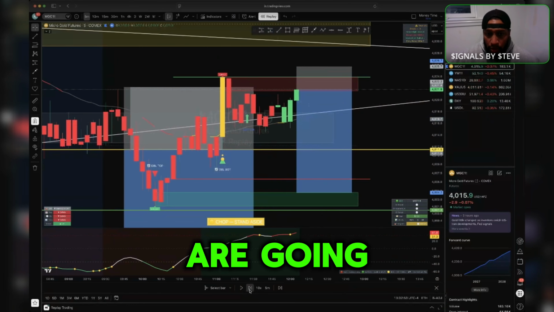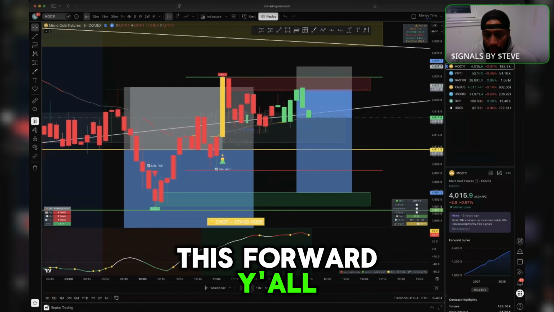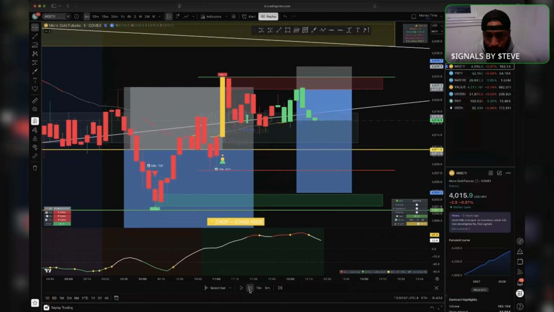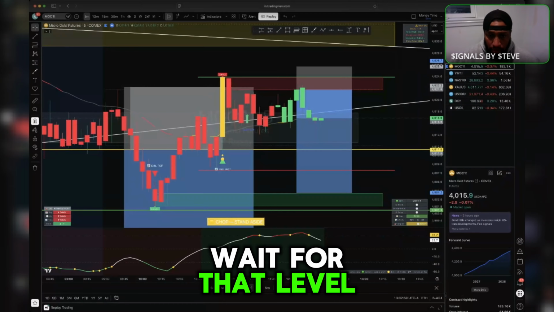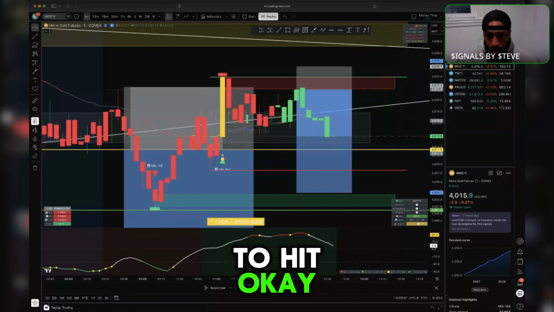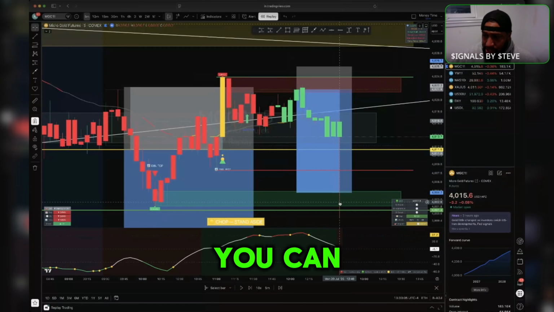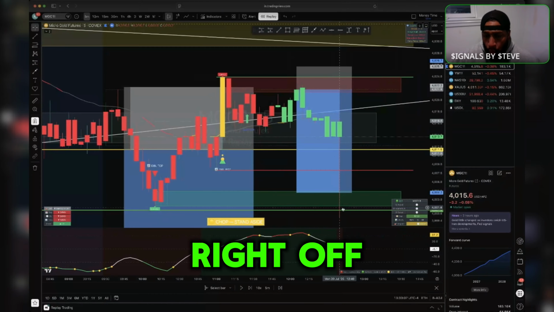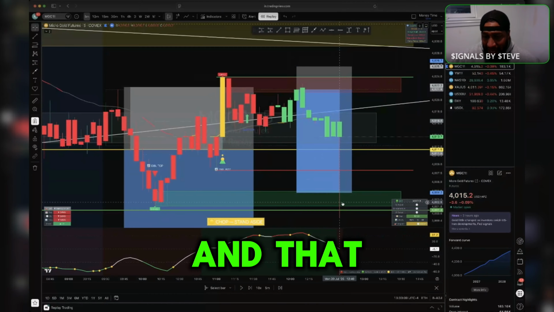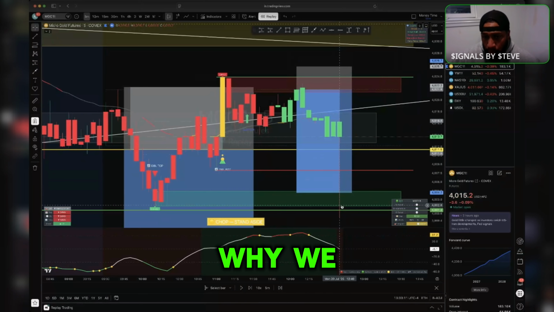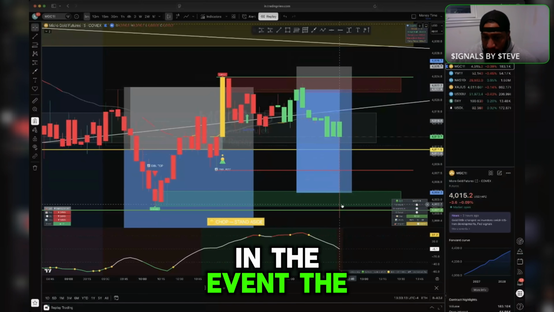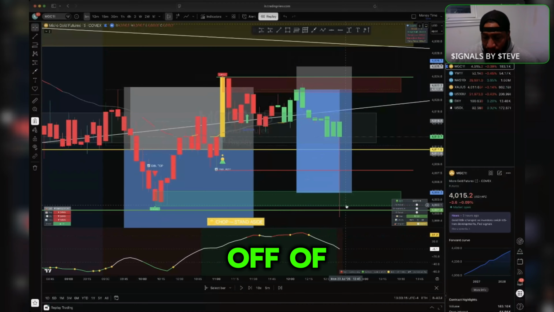So then now we are going to play this forward, y'all, and wait for that level to hit. And then boom, as you can see, price was hit right off of that level of demand. And that is our exit. That is why we want to exit in the event the market wants to push off of that level.